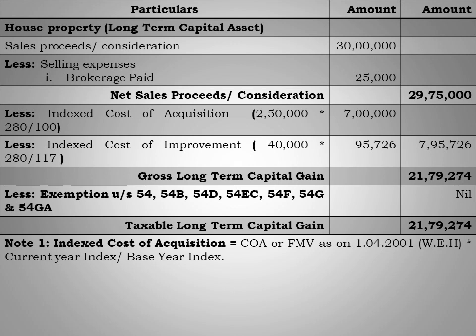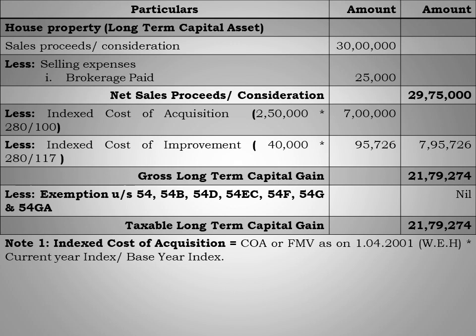So out of these two amounts, 2,50,000 is the higher value, and this will be considered as the cost of acquisition. So cost of acquisition multiplied by the current year index, which is 280, divided by the base year index, that is 100, and that comes to the indexed cost of acquisition, 7 lakh.